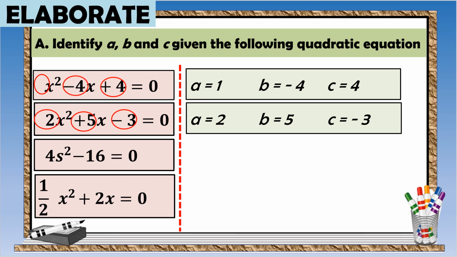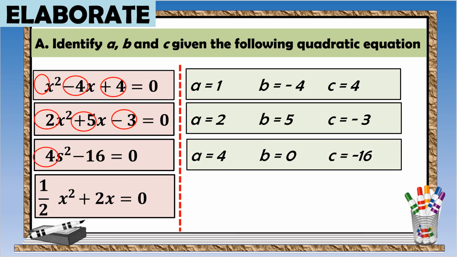So what are we going to do in identifying a, b, and c? Since we have a quadratic term 4x squared, its coefficient is 4. Since b is not given, you are going to write 0 as the value of b. Then c is negative 16.